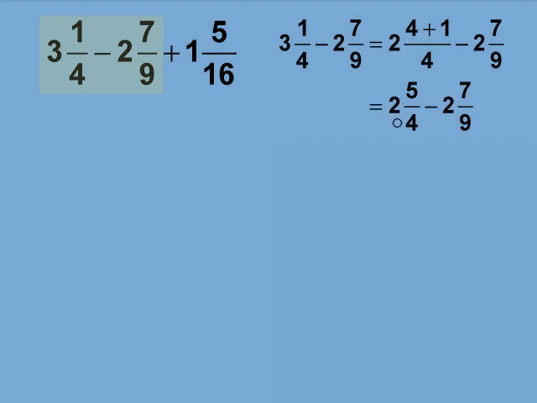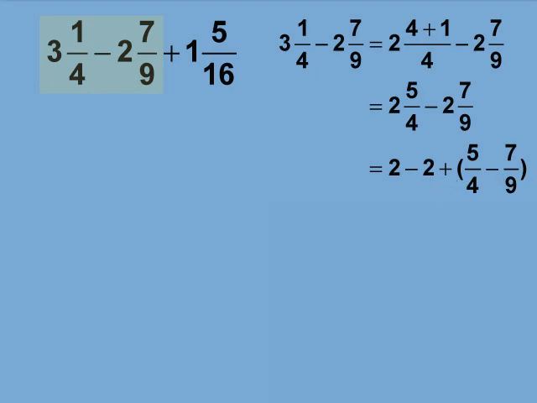Now we can calculate the whole number parts separately from the fractional parts, as shown here. The whole number parts cancel out, and to find a common denominator for fourths and ninths, multiply them.